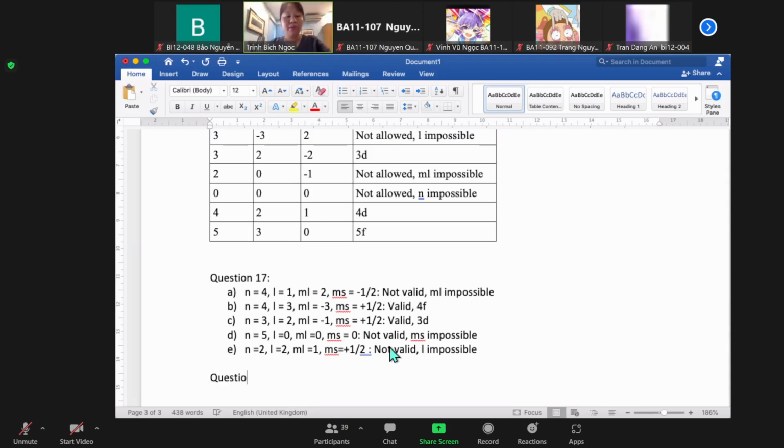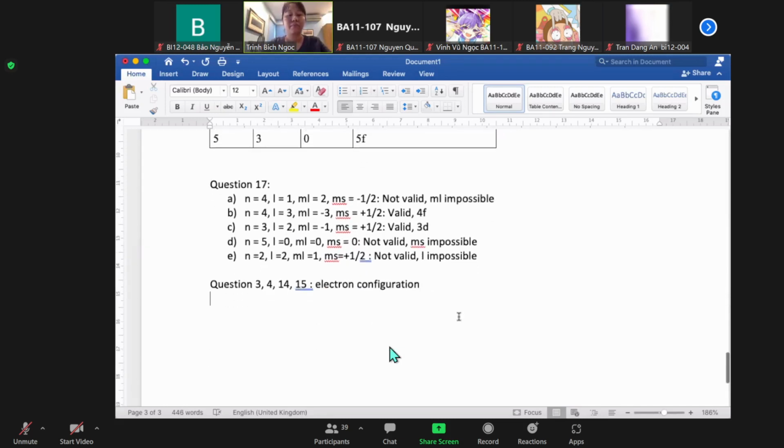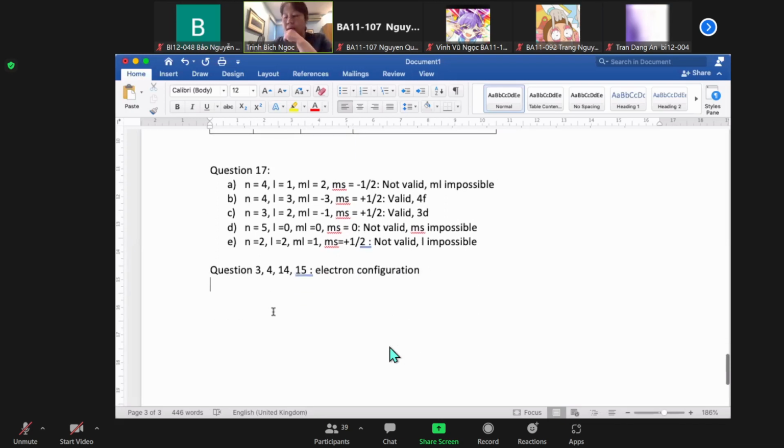We return to question 3, question 4, question 14, 15. So this is for electron configuration. Question 3.